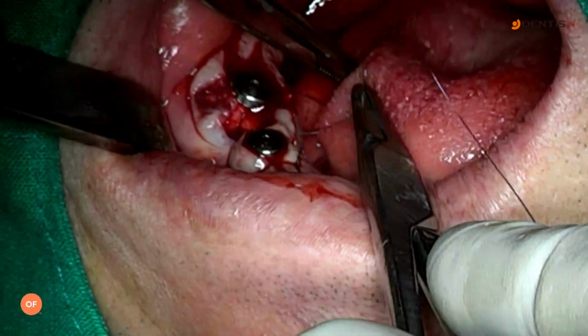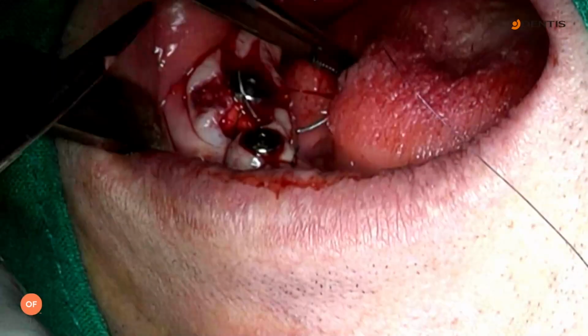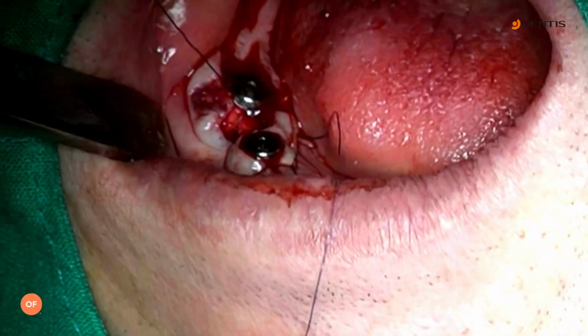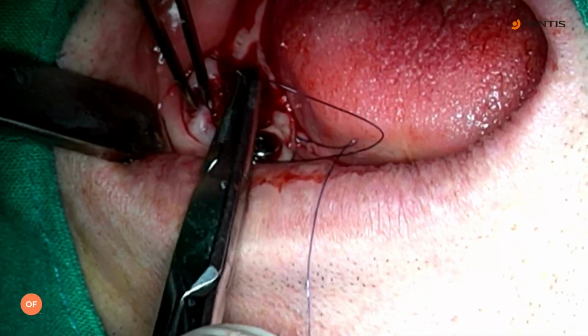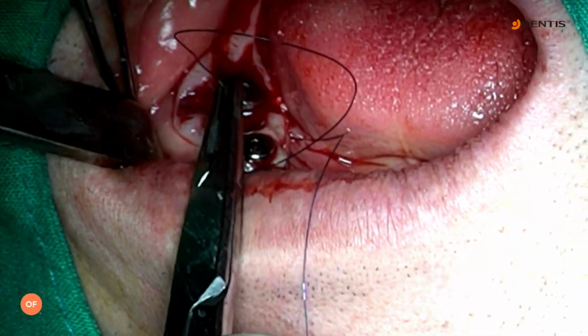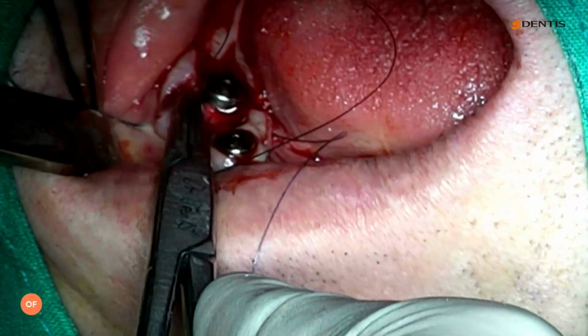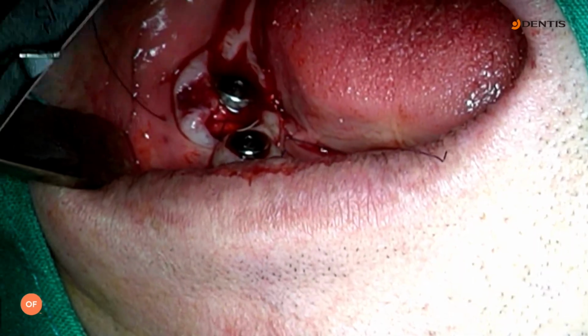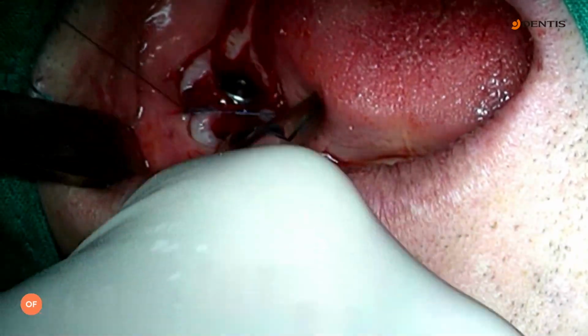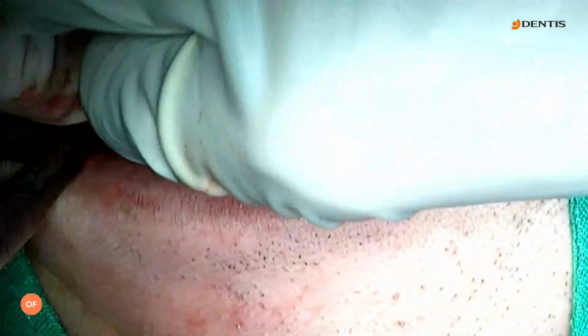Okay. Do not engage the membrane, only the soft tissue, please, for the coronal repositioning. So a little bit, just the mucosal junction. So maybe some of the alveolar mucosa moving to the coronal part, like this, because of the flap closure for the GBR area.